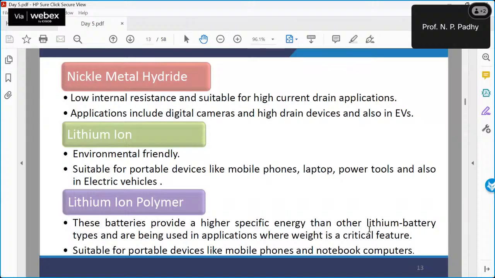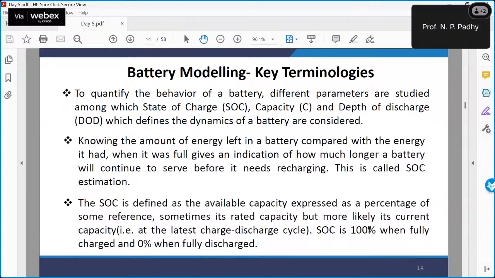Applications include digital cameras and high drain devices, and also environmentally friendly, suitable for portable devices like mobile, laptop, and also electric vehicles. These batteries, other lithium batteries, are used in applications where weight is a critical feature, suitable for portable devices like mobile phones and notebook computers.